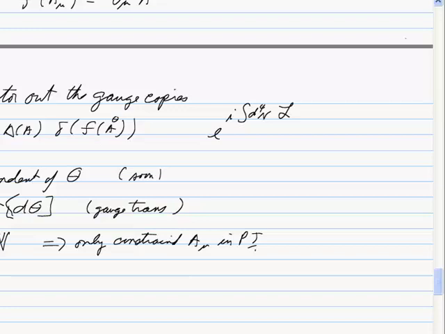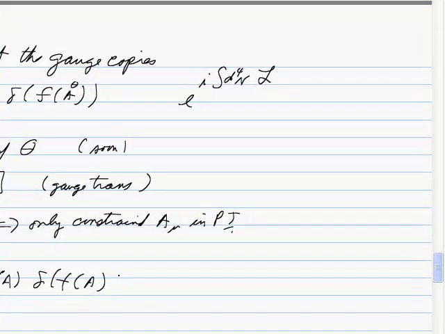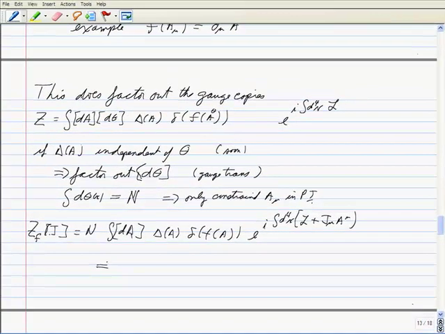It's some infinite number times the integral dA, this Jacobian, delta of f of A, and e to the i integral d4x Lagrangian, and we can of course add in the J mu A mu piece, and then you can do perturbation theory.